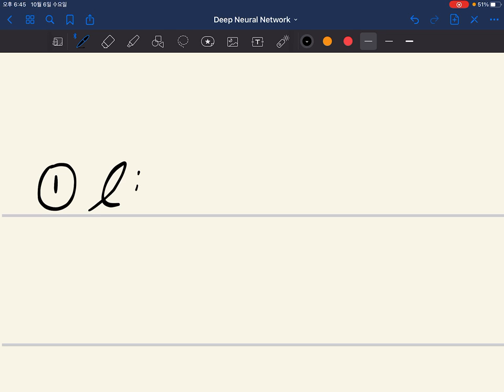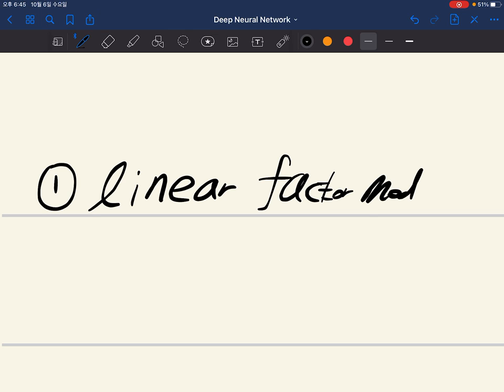So, linear factor model. I've put the word linear in front of the factor model in order to discriminate this modeling technique from the nonlinear factor modeling cases.